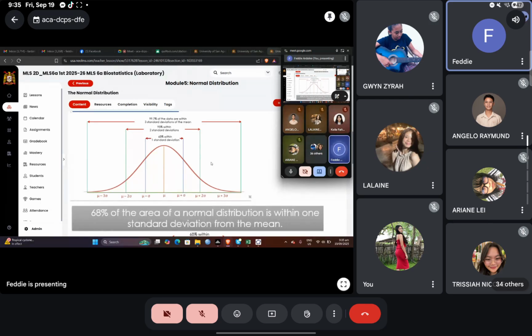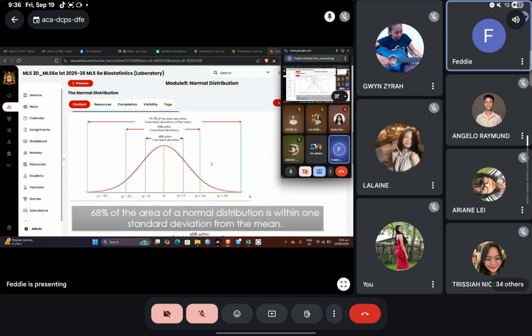Since the normal curve is symmetric around the mean, to the left or to the right, between the mean plus one standard deviation and the mean minus one standard deviation, this region is approximately, take note, approximately 68% of the area.